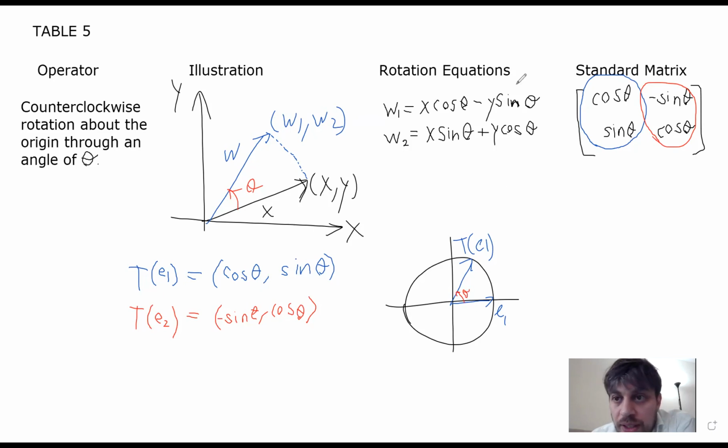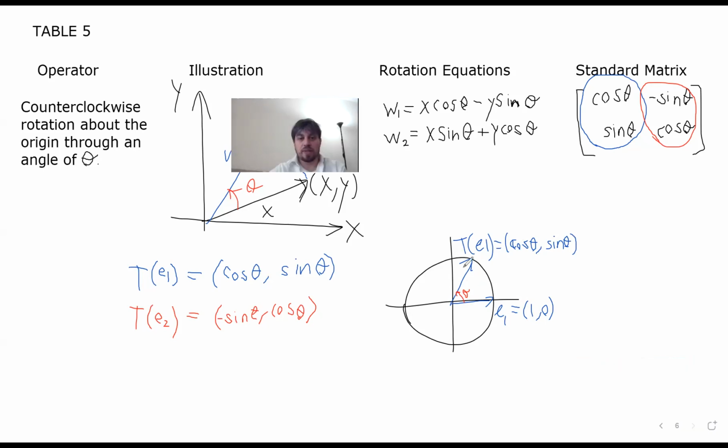While E1 is the vector 1, comma 0, T of E1 is cosine theta, comma sine theta. Similarly for E2, you rotate counterclockwise by theta and you get T of E2, which is negative sine theta, comma cosine theta.